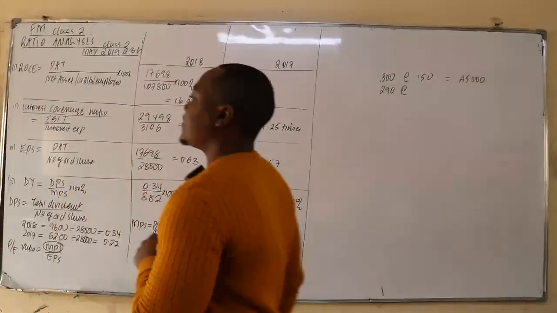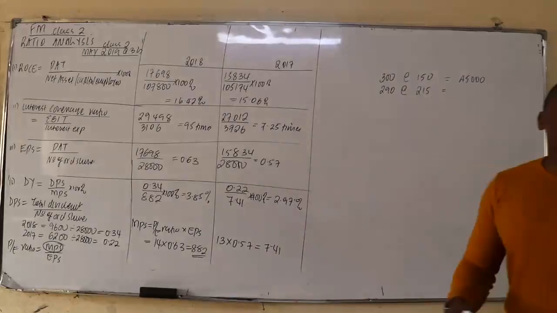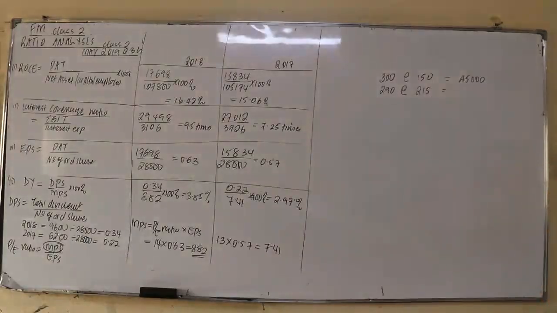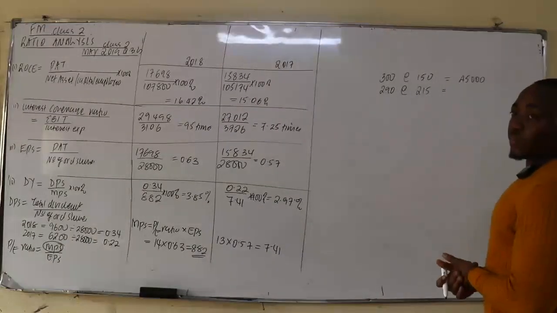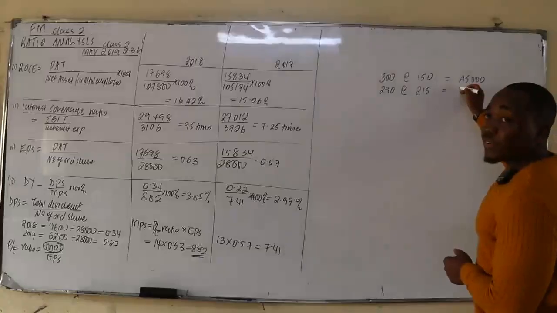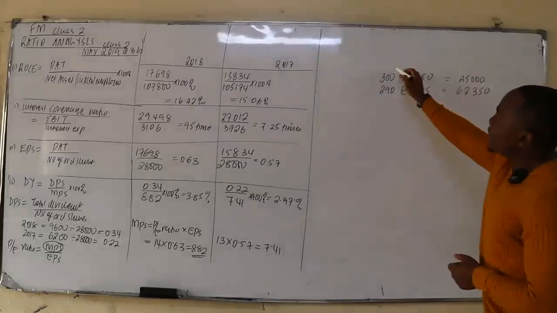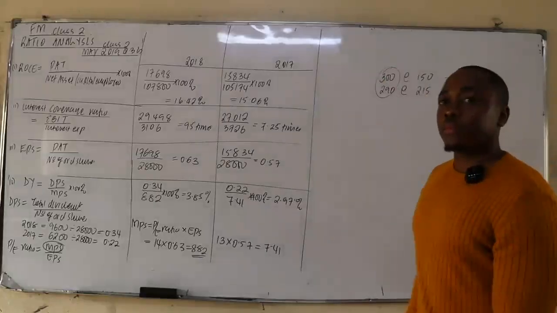Now one packet is costing 215. How much will you recognize as revenue? 350. Now, what has happened to the quantity you are selling?